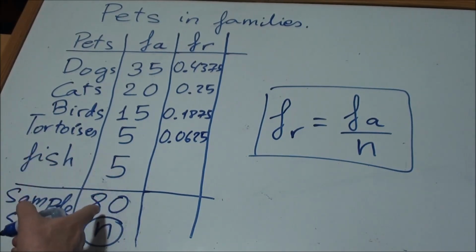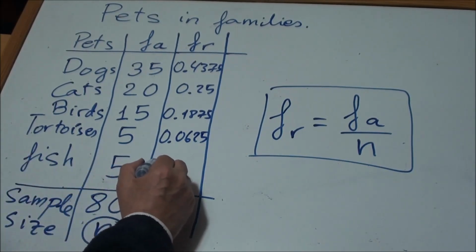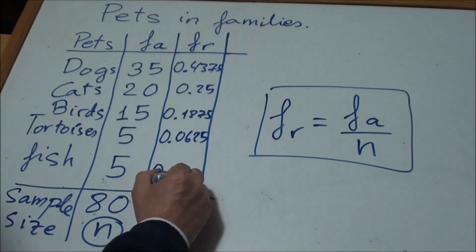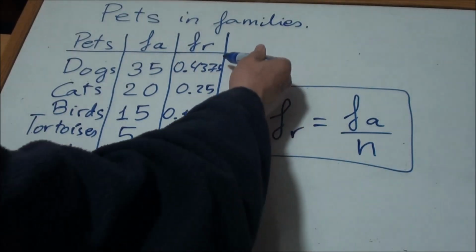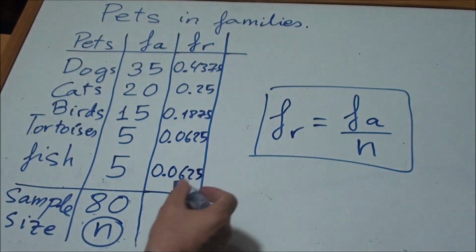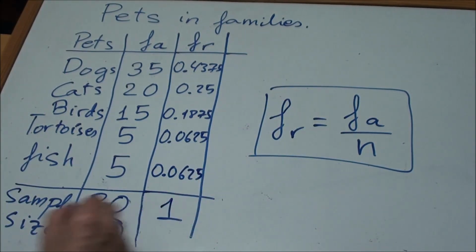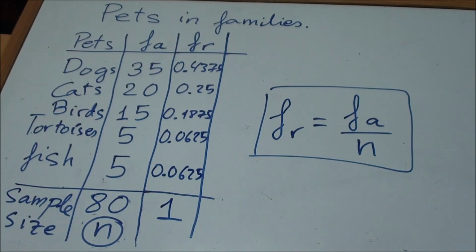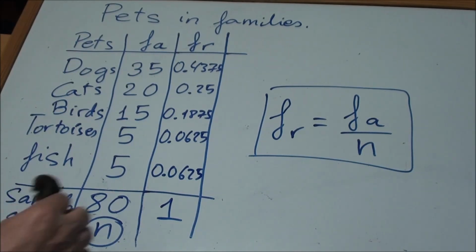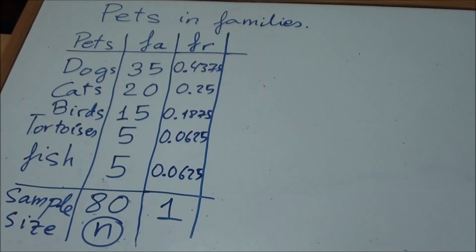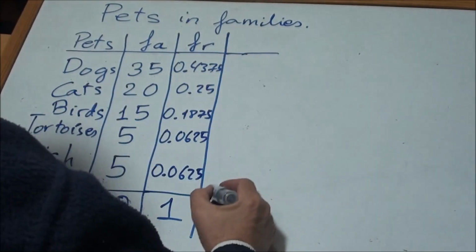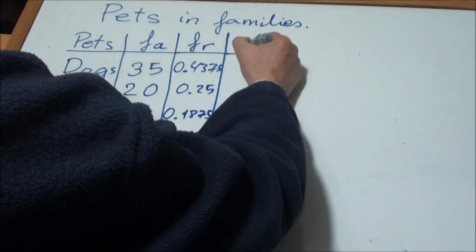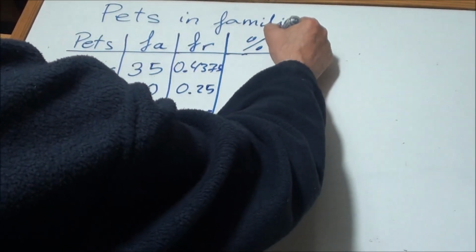And 5 again divided by 80 is the same, 0.0625. If we add all these numbers, we should get 1. So that's the relative frequency. And I'm going to add one more column, which is what we call the percent.